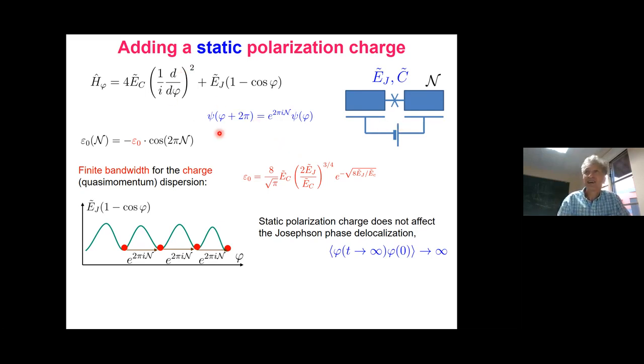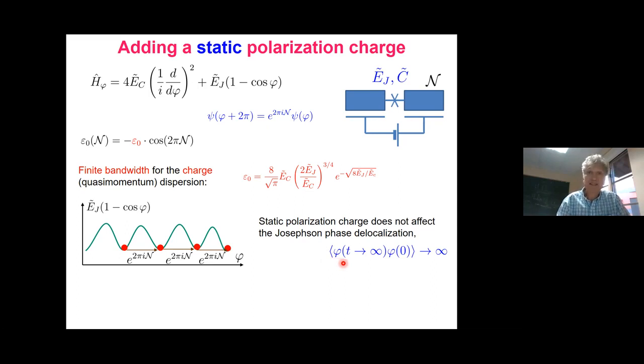Again, it's a tight binding model from elementary solid state, and for the lowest band you get a cosine dependence on n, which is charge, and the counterpart in solid state is quasi-momentum. In this pictorial presentation, every time the phase tunnels between minima, there is a winding of the wave function by e to the 2 pi i n. So static polarization obviously doesn't change the fact that the phase is delocalized.